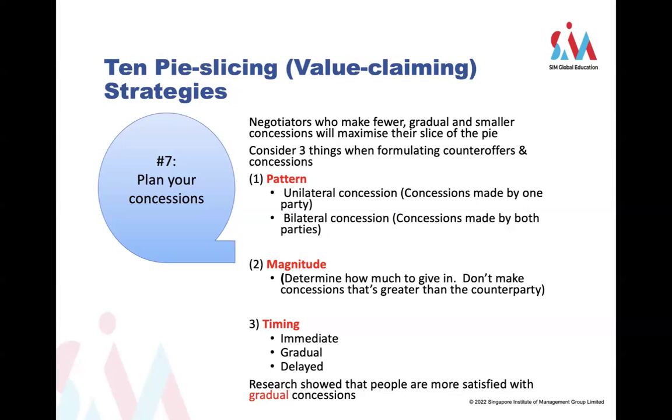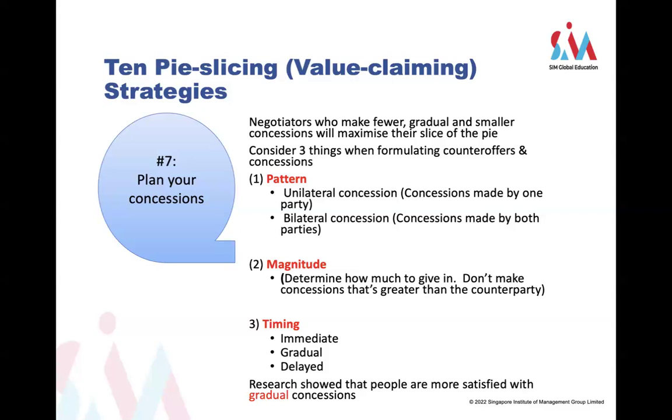And when you do that, the other party starts to worry. Okay, you're too enthusiastic. There must be a problem with the product or service. This must be a scam. You're out to cheat me, etc. Okay, you put a lot of doubt in the other person. And research has shown that people are more satisfied with gradual concession.